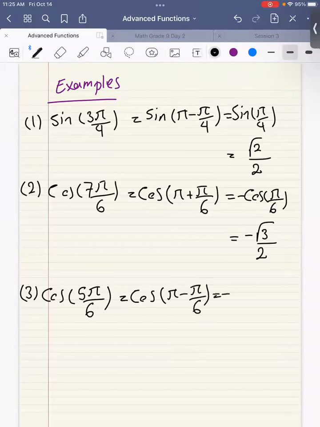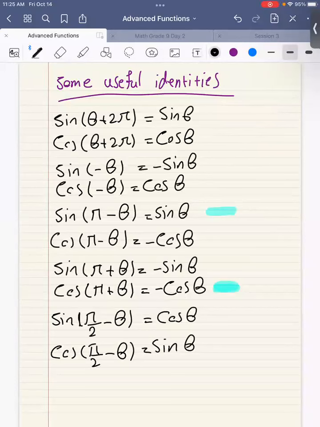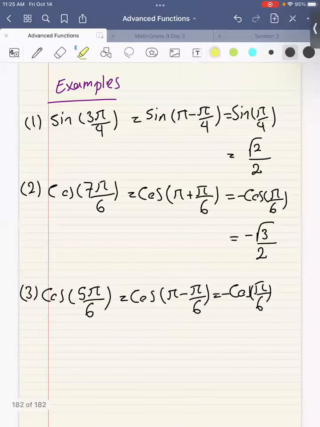Again, this is minus cosine of pi over 6, because cosine of pi minus theta, look, it's here, is minus cosine theta. So it's minus cosine of pi over 6. So again, this is equal to minus root 3 over 2. Okay, so these are just some examples.